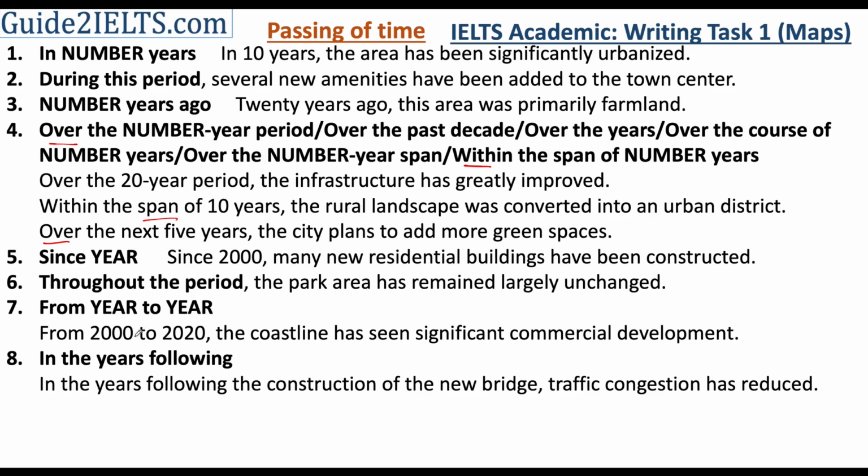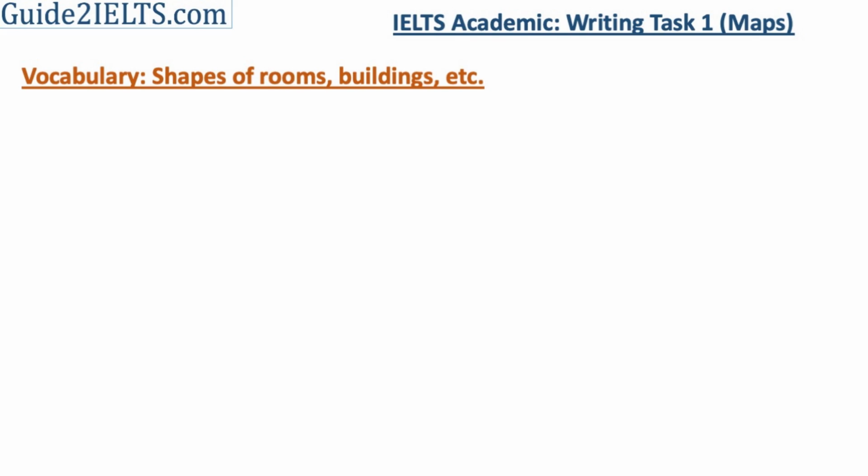This is something that you can use in graphs as well. Note that you can use the same word more than once with changes in how you use it. So I can say in the 10-year span or over a span of 10 years. To describe different structures in a map, we may need to mention their shapes as well.